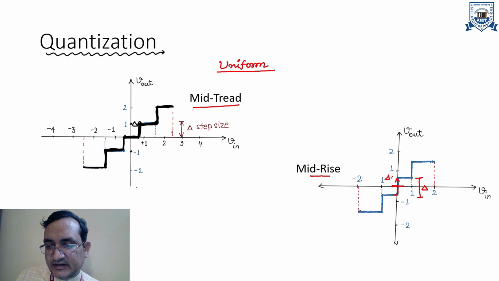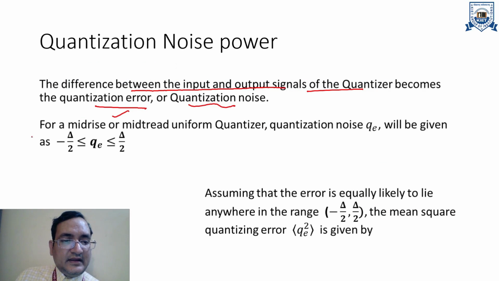So the quantization noise will always lie between minus delta by 2 and plus delta by 2, and assuming that, we have to calculate the noise power.